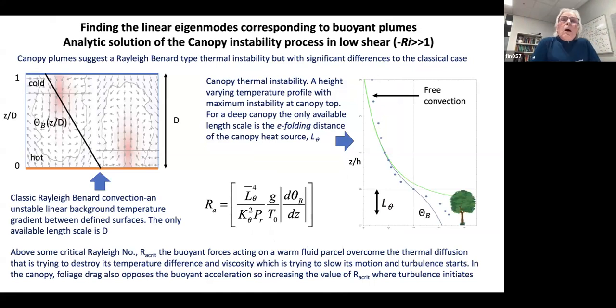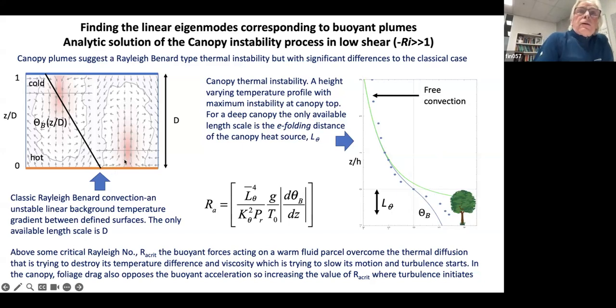So looking at the actual physical situation, it suggested that in the canopy we have a temperature profile which decreases with height. So it's an unstable profile. The canopy is absorbing radiation, so we have a heat source in the canopy, and the temperature drops as we rise. So we have an unstable situation with warm below and cool above.